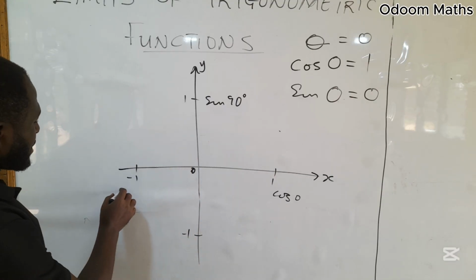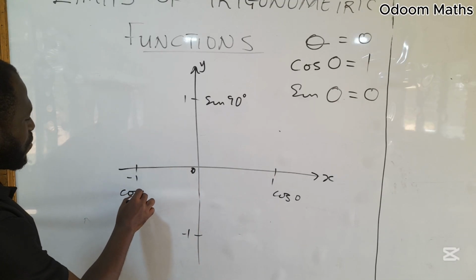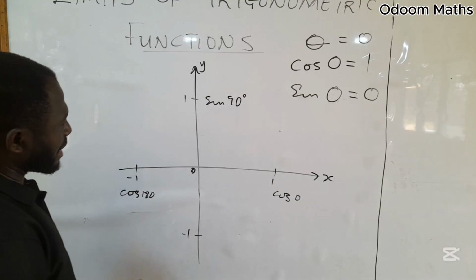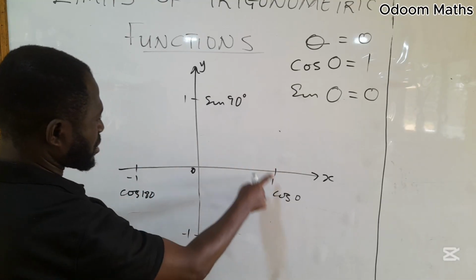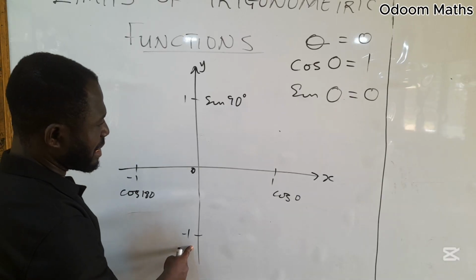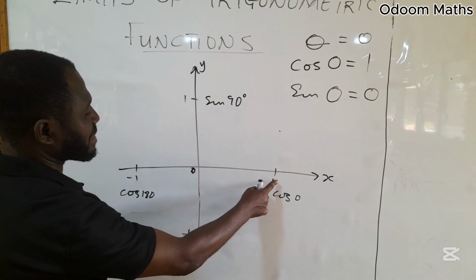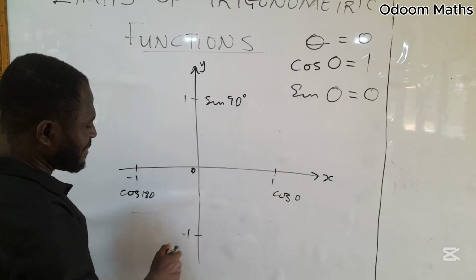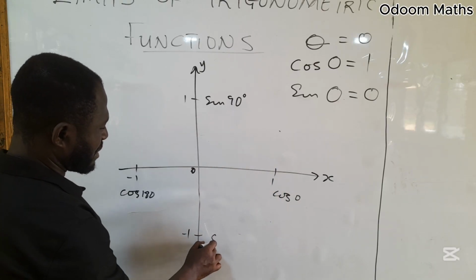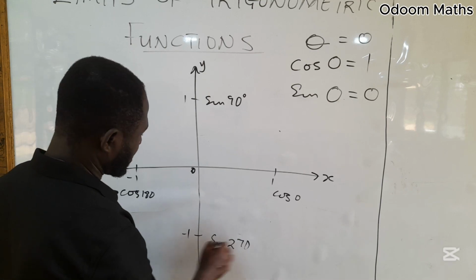So this is also cos 180. Then cos 270 is 0, but sine 270 is negative 1. So this is sine 270, which is negative 1.